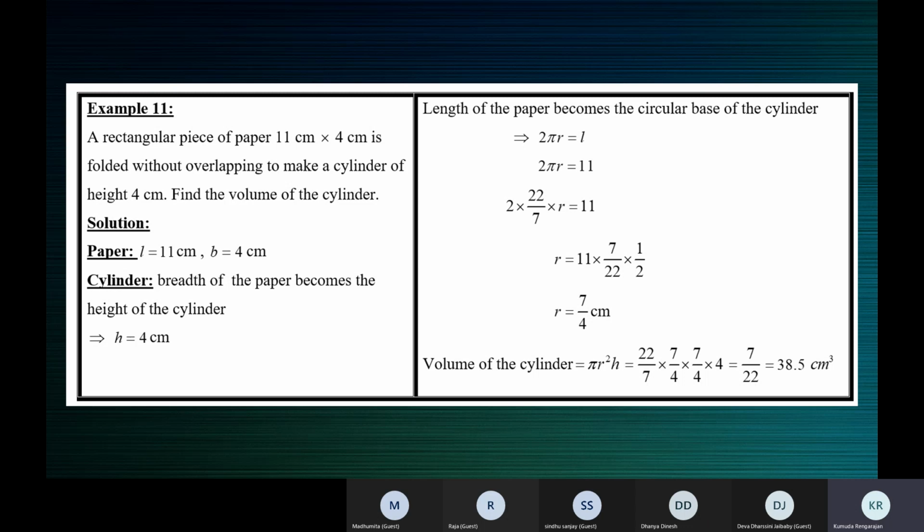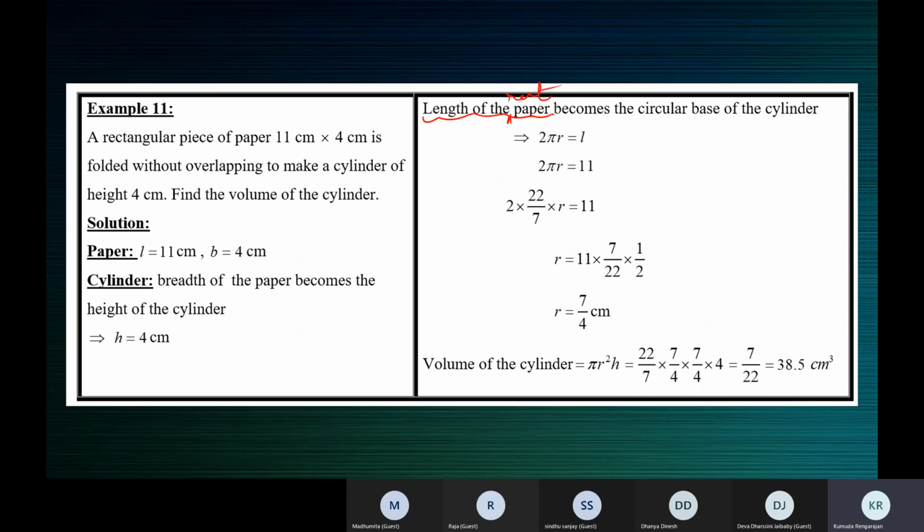You can see here. Length of the paper becomes the circular base of the cylinder. Correct? Have I written it correctly? The length of the paper. Or I should write length of the rectangular paper.